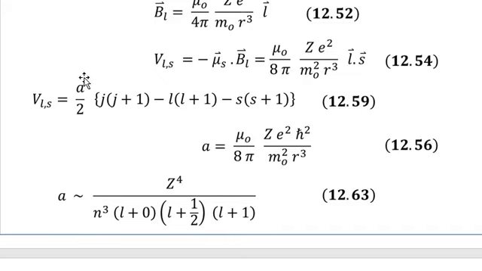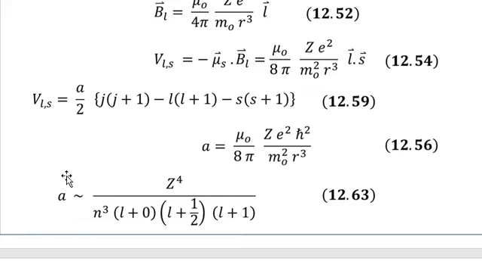And the value of A, which is called the spin orbit coupling constant, is shown in equation number 56, which is A equal to mu naught over 4 pi, multiplied by the term Z e square into h bar square over m naught square into r cube. Equation number 56 has also been modified in terms of other parameters.